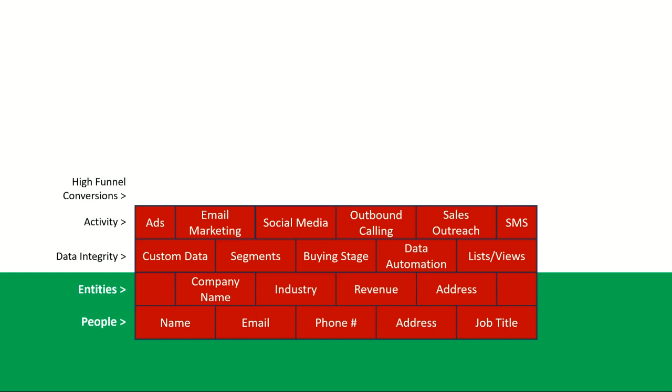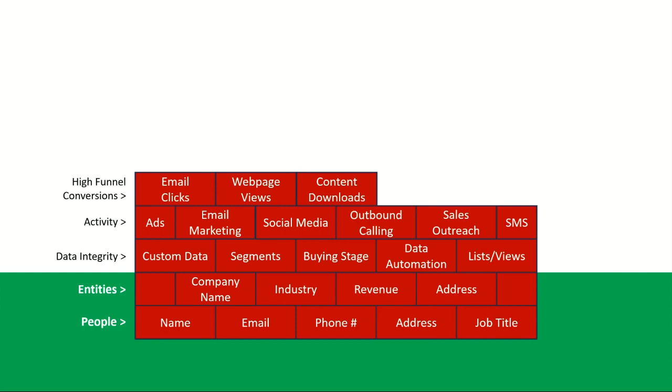And that is getting the high funnel and mid funnel conversions, meaning those email clicks indicate interest. Those web page views that people are doing, looking at different content in your site, you want to know about that so you can identify areas of interest that they have. Perhaps they're downloading content from you, ebooks, white papers, etc. Hopefully your sales team is having meetings and those meetings have outcomes, whether that meeting was completed or was a no-show, etc. All that activity is a high funnel, mid funnel conversion that you want to know about.